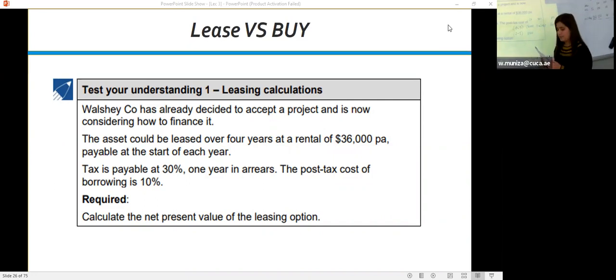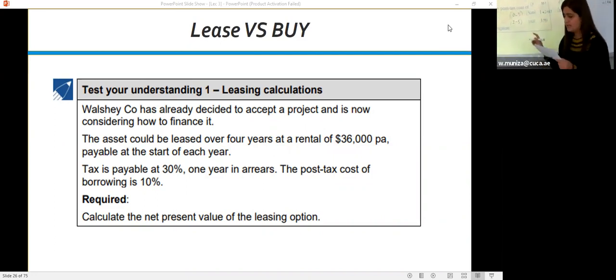See the discounting factor at year 5, which is 3.791. But now year 1 has to be deducted from it.